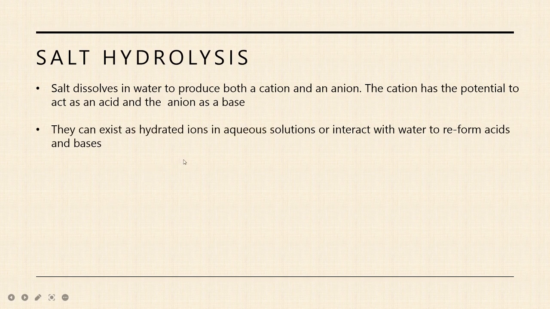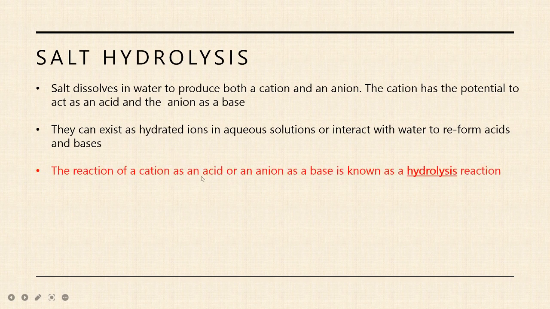They can exist as hydrated ions with water to reform acids and bases, and this reaction of cation and anion as an acid or a base is known as hydrolysis. चलिए 3 पॉइंट हमारे पास आ गए हैं, हम इसको समझने की कोशिश करते हैं कि ये होता क्या है.